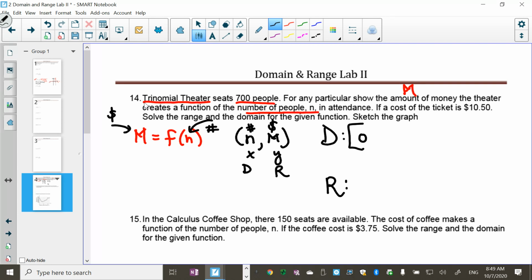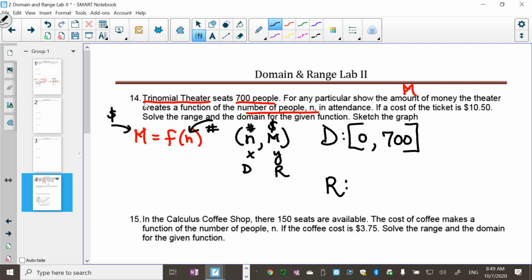I've been at showings with my husband where we're the only 2 people in there, okay? But then what's the most I can have in that movie theater? Well, they said it seats 700. So I can't put 701, or that one person wouldn't have a seat, or it wouldn't be up to the fire code. So the highest I can go in that theater is 700, including 700. So that's my domain. That's how many people can go into that movie theater.